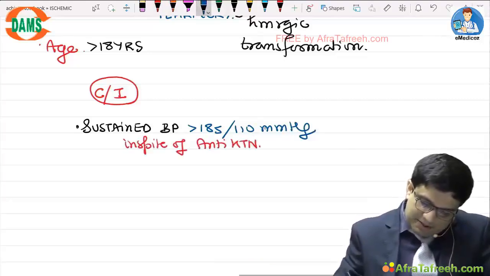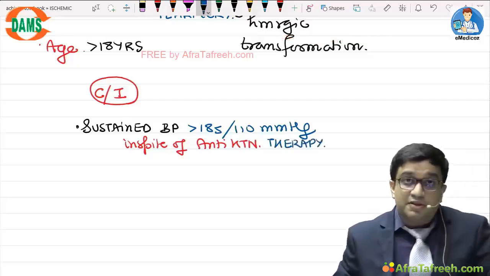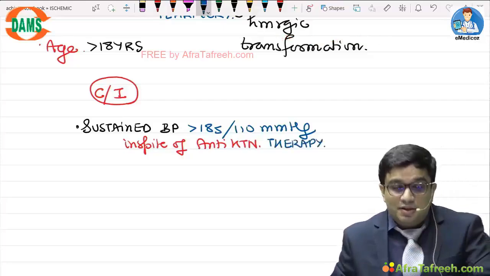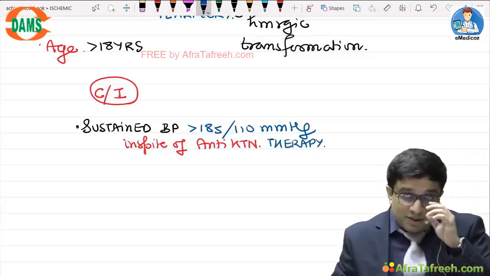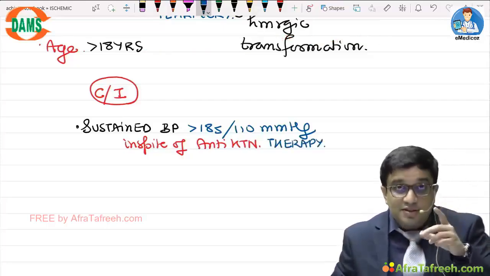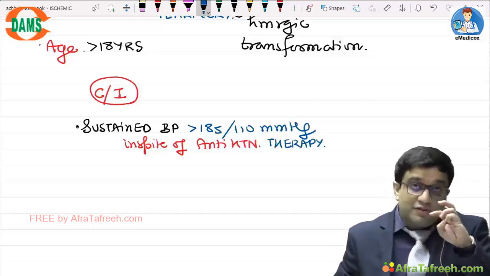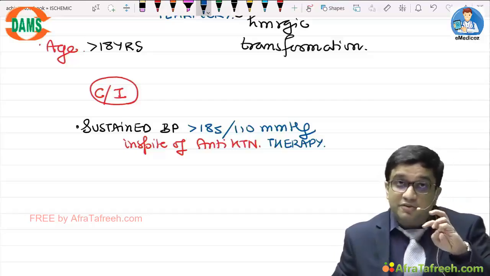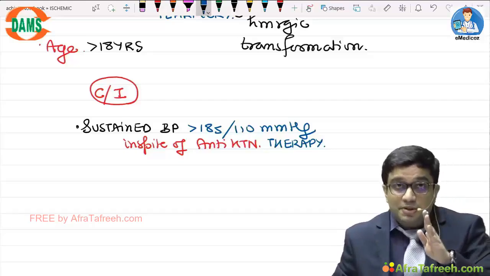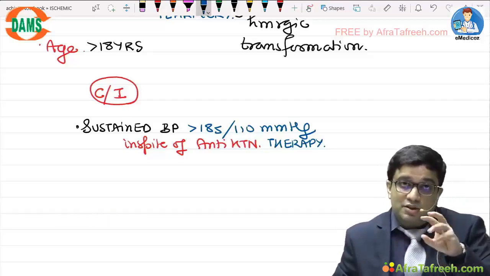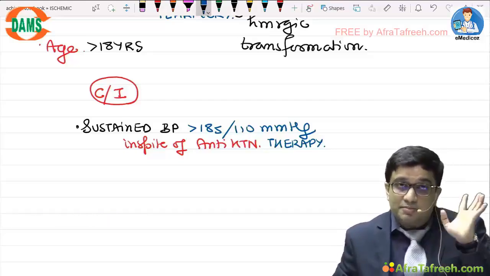So in my patient, I've given an antihypertensive therapy, and in spite of that my patient is having such a high BP, then in that case I should not go and thrombolyze this patient. Why? Again the same story. The risk of hemorrhagic transformation will be very, very high in them. So the BP has to be below this level, then only I can go and thrombolyze the patient.